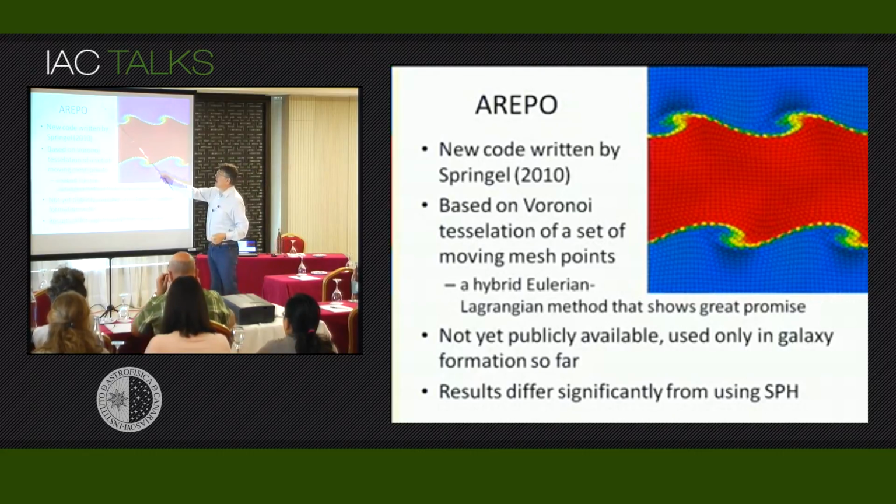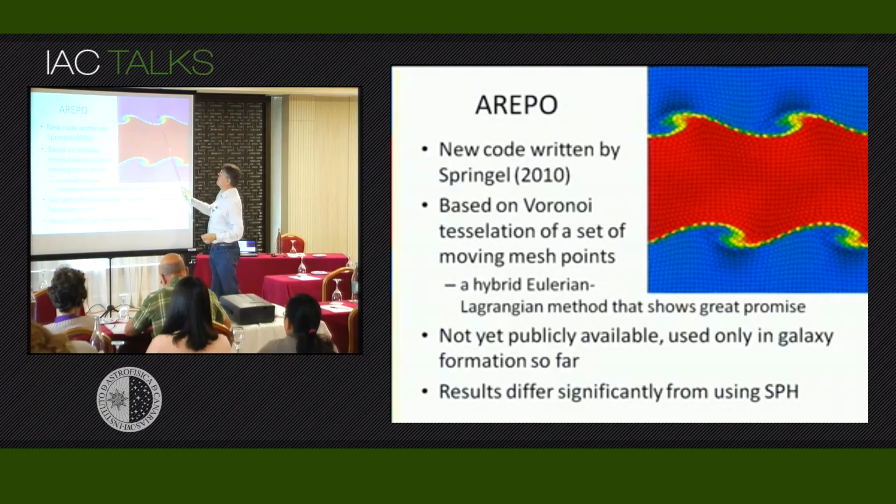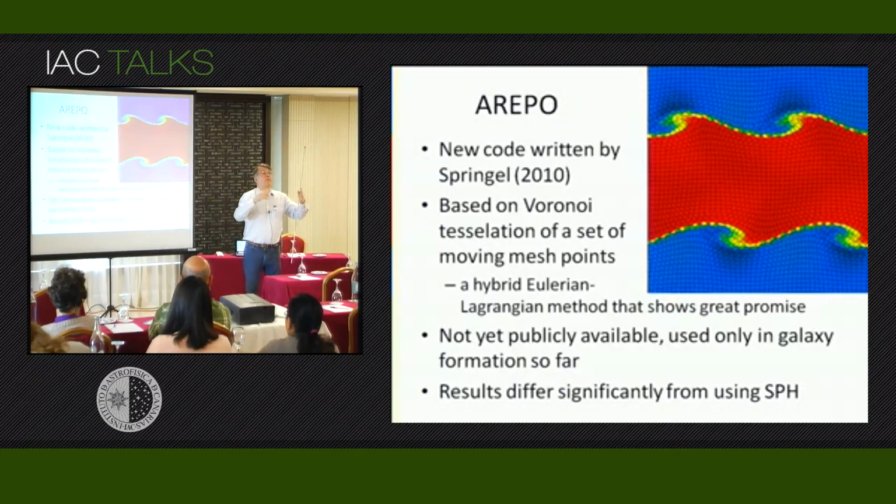But because Springel was aware, I think, that SPH had various numerical difficulties, he wanted to introduce a new code, which is a hybrid method between a Lagrangian and Eulerian method. So fundamentally, this is a collection of particles, or mesh points rather, that move with the flow.